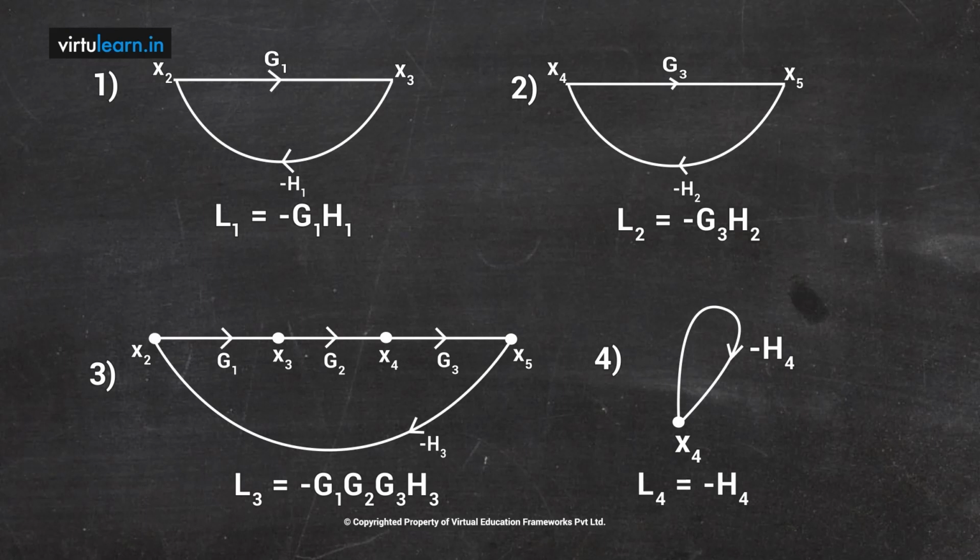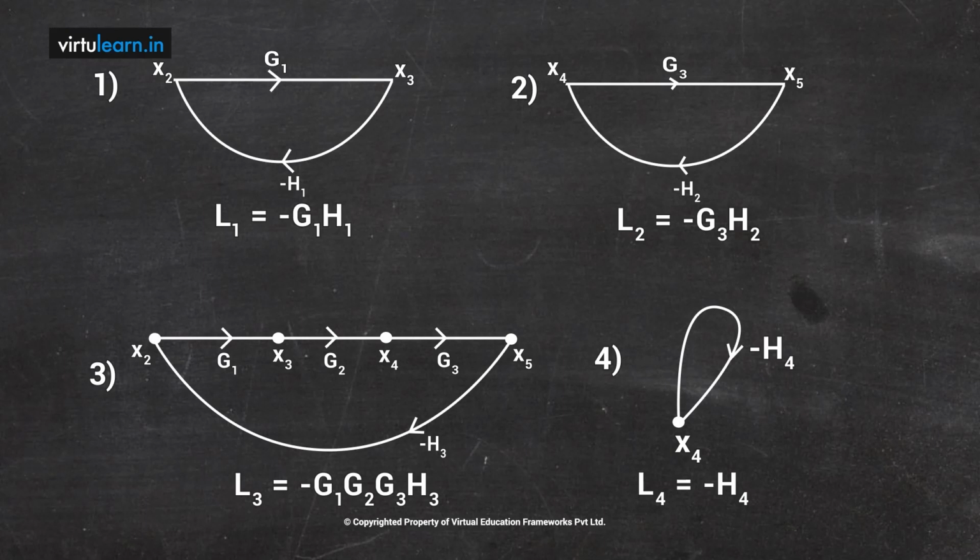Not only for two non-touching loops, we also look at three non-touching loops. Means first L1, L2, L3, look at whether you have any common node. If you don't have any common node, then we say all three form three non-touching loops. Similarly L3, L4 and so on, all possible combinations we can look at, and from that it is very clear L1, L2, L4, these three loops combinedly form three non-touching loops, which means those three loops don't share any common node.